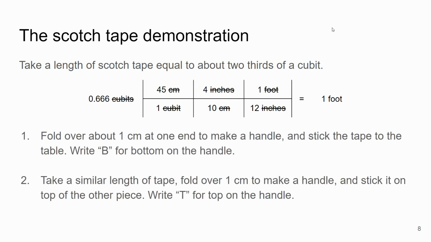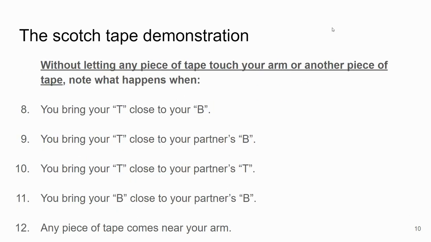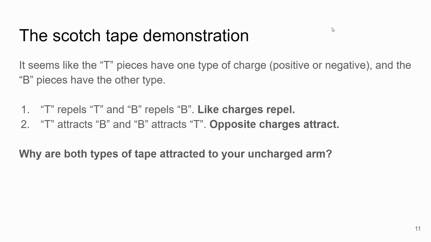So we did the whole demonstration with the scotch tape, and I'm not going to explain the whole thing because we're not actually doing this now in this video. But you did the different things with the tape, and ultimately you would end up with 2 pairs of strips of tape, each pair containing a top and a bottom.